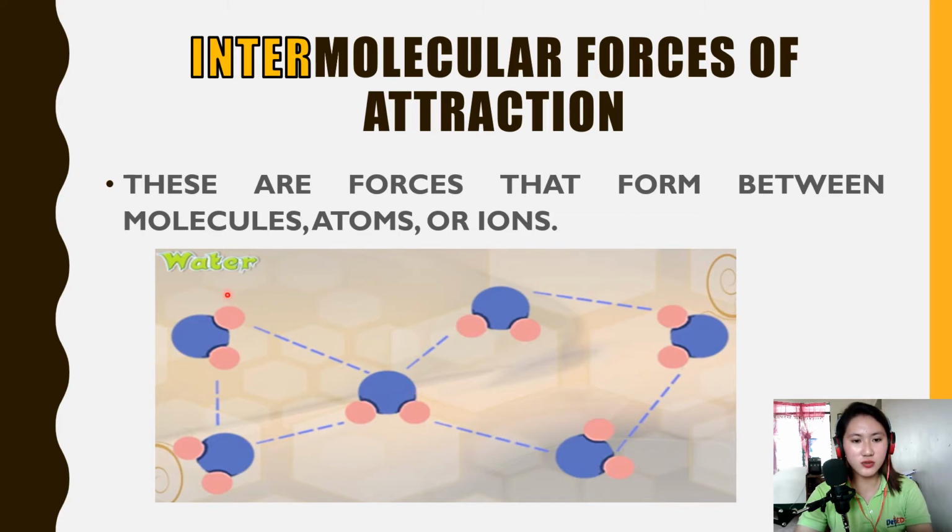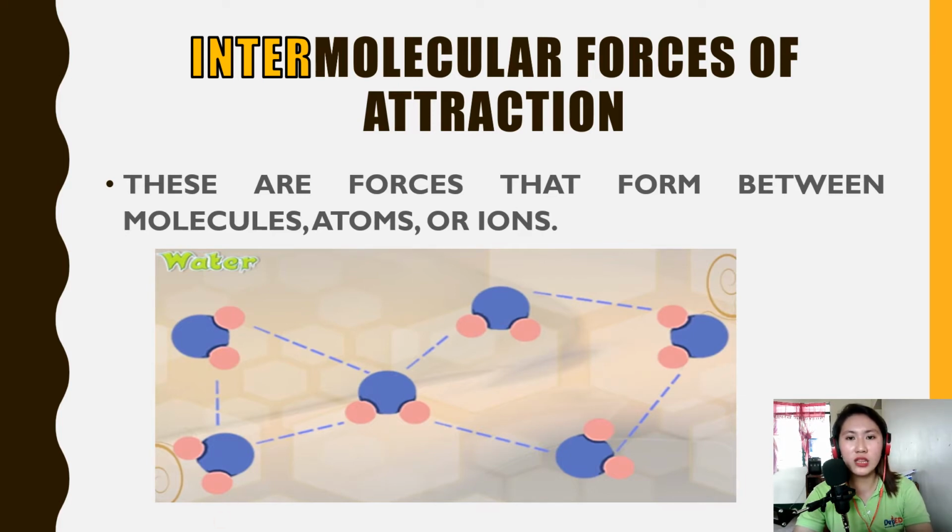As you can observe, the positive side of this molecule is attracted to the negative side of another molecule. Unlike signs, positive and negative, attract, right? That is how intermolecular forces of attraction happen.